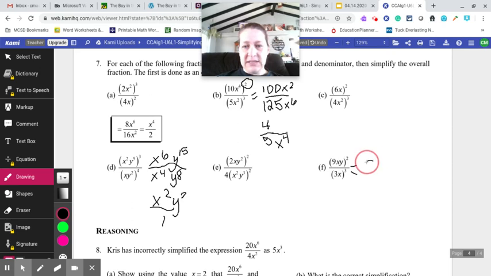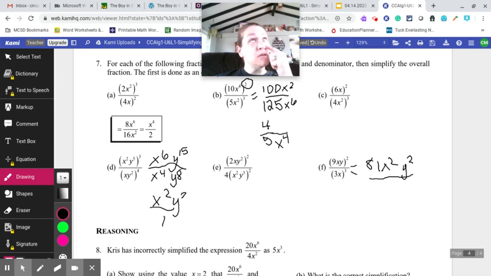Okay, let's look at f. 9 times 9 is 81. X times 2 is x to the second. And y times 2 is y to the second. Okay, 3 times 3 times 3, 9 times 3 is 27.